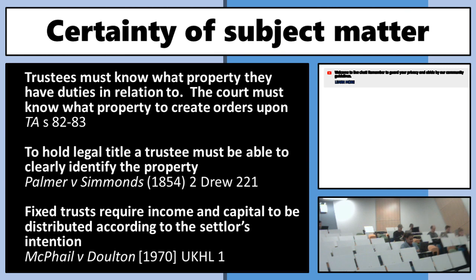So I give my house in Cairns to my friend to hold on trust for my child, is going to be fine if I own one house in Cairns, not if I own three. I give my rental property in Cairns, again, is fine if only one of them is rented out, and so on. If it can be identified, that is fine.